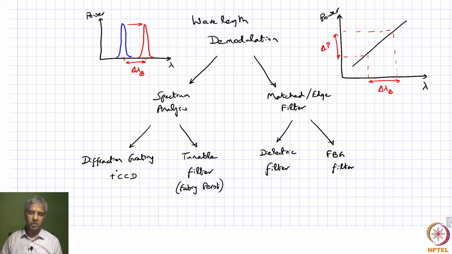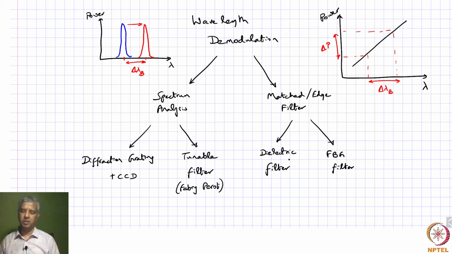So, when you are talking about a diffraction grating, we are talking about multiple beam interference, and here it is interference in a Fabry-Perot cavity. In a diffraction grating, it is like multi-slit interference, and here it is like multiple reflections at multiple layers.